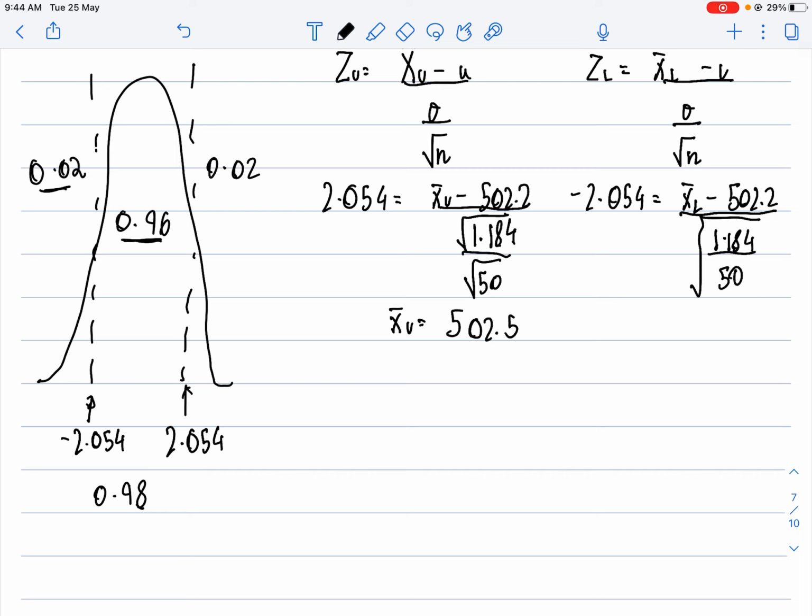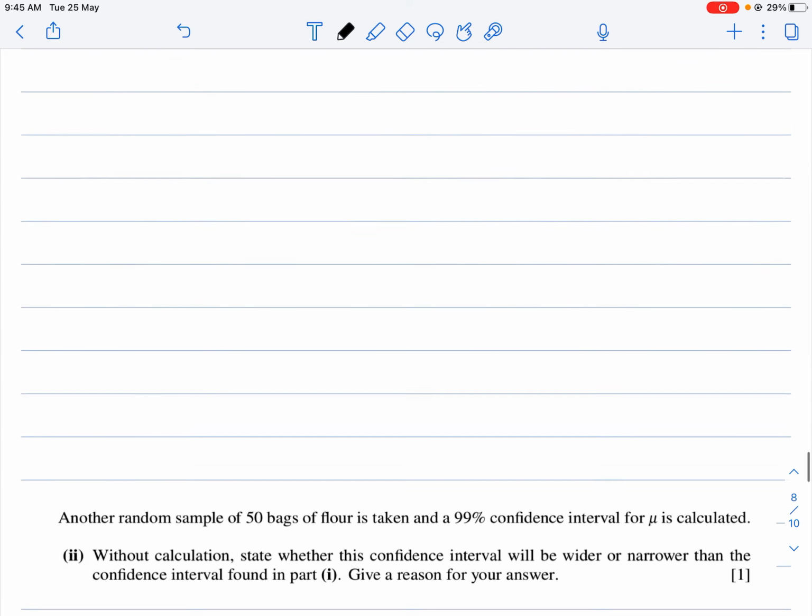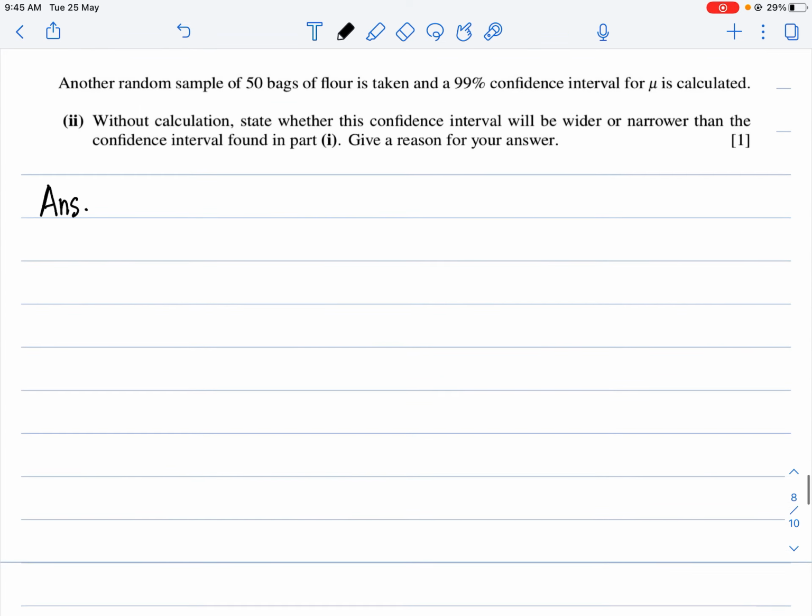I get my answer x lower as 501.9. Now I know confidence intervals are written as the lower limit comma the upper limit. So this can be written as 501.9, 502.5.